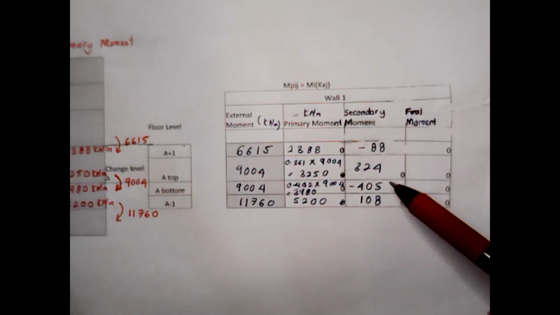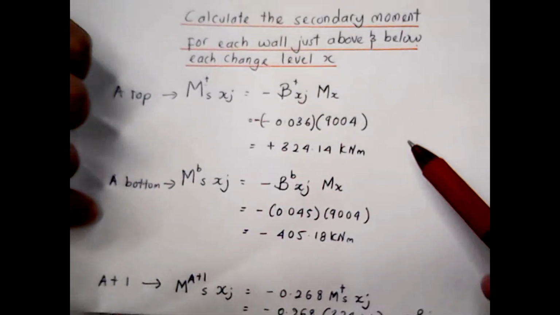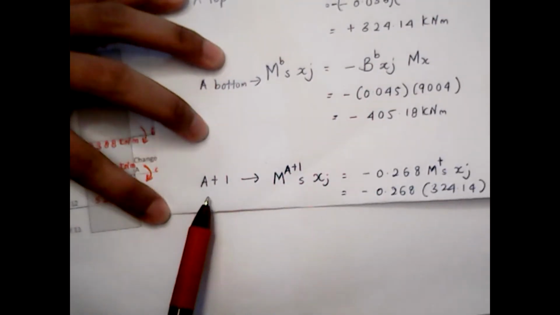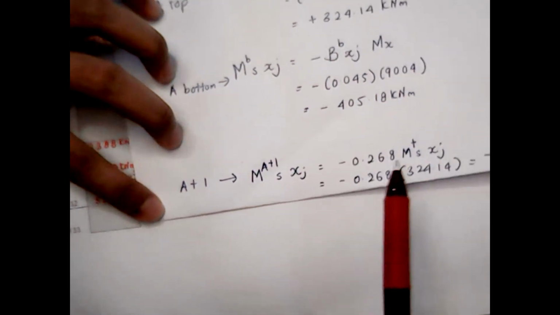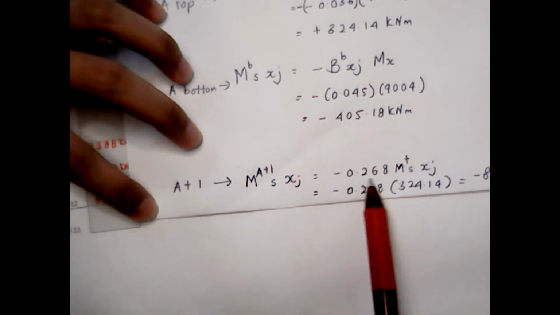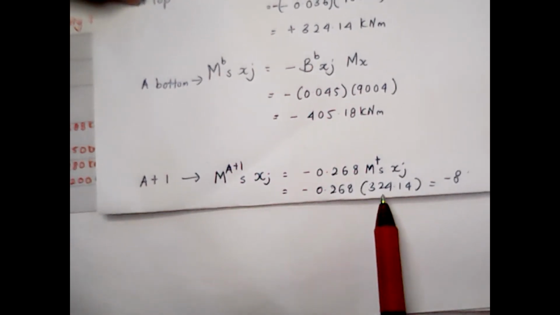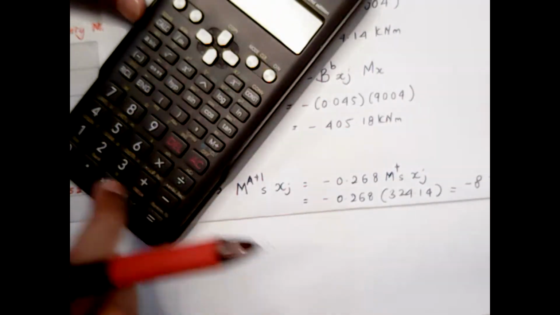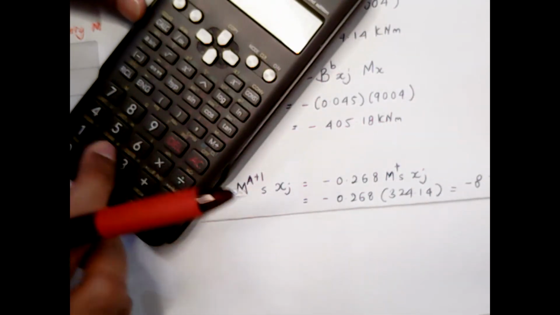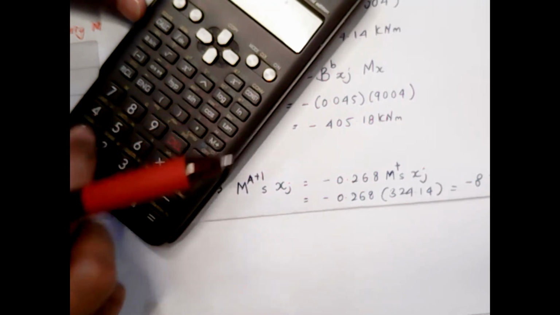Okay, so far we have calculated the secondary moments, 324 and negative 405, by using these equations. Now to calculate the moment at the level above the change level, you need to do a carryover. Get the distribution factor, in this case 0.268, and multiply it with 324.14. 0.268 times 324, you get 86.8, which is almost 87.